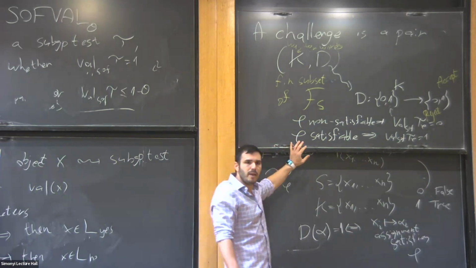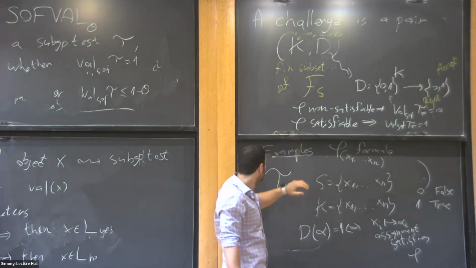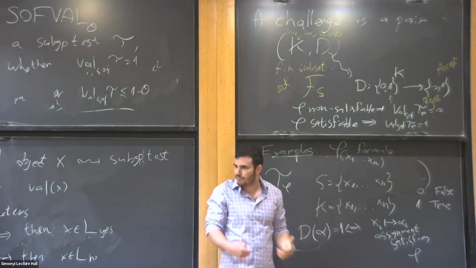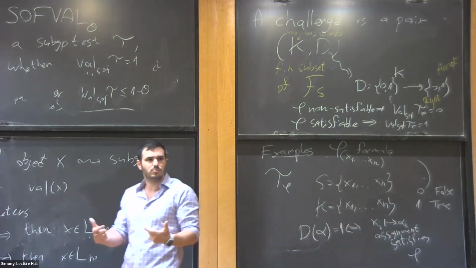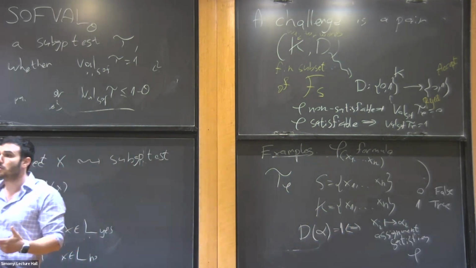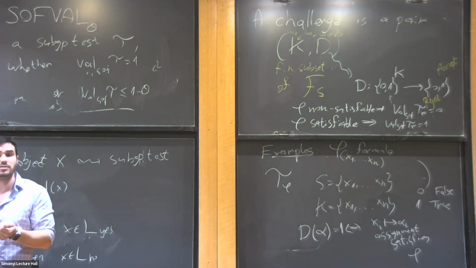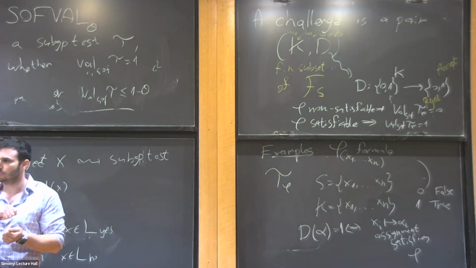But you can define a maybe more interesting T_phi instead of just checking the whole formula. If it's a formula that is built out of clauses, like a 3CNF instance, you can maybe just choose a random clause and only check whether the assignment satisfies this specific clause, right?